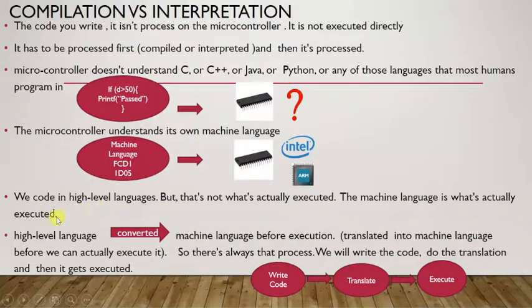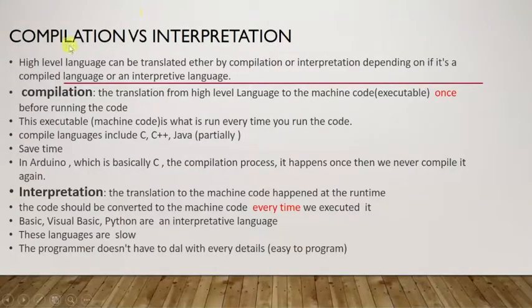How can we convert the high-level language to machine language? We use compilation or interpretation. So what is the difference between compilation and interpretation? A high-level language can be translated either by compilation or interpretation, depending on the language we are using.